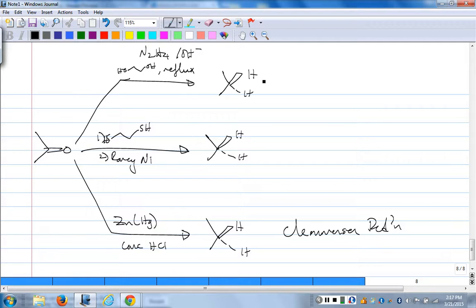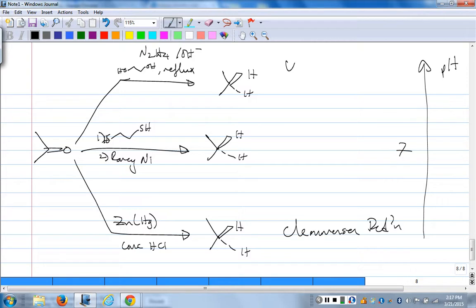So there are 3 ways in which I can convert a carbonyl into the corresponding methylene. And they vary with pH. So this reaction clearly occurs under basic conditions. The hydrazine is basic, so is the hydroxide. This occurs at neutral pH, or near so, because the dithiol is mildly acidic. And then under strongly acidic conditions, the Clemmensen reduction.